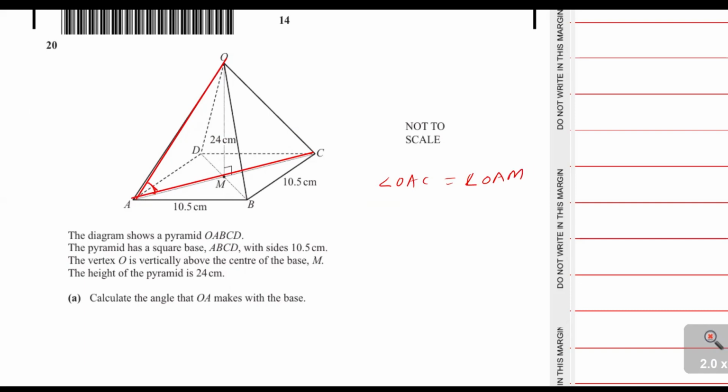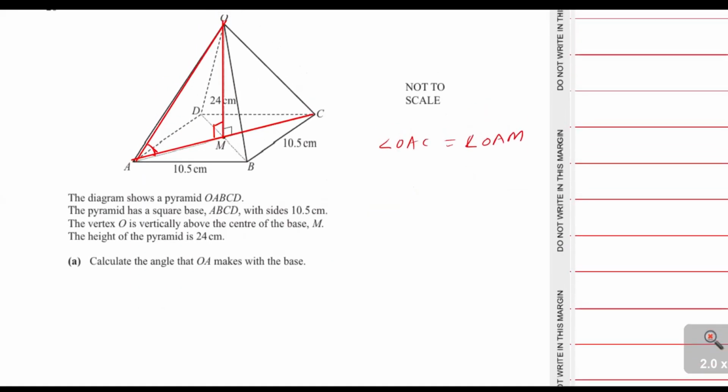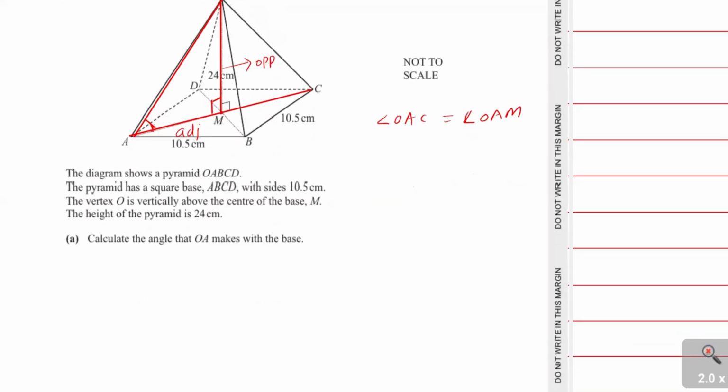This angle lies in the triangle. This is the right angle triangle AMO. In this right angle triangle, this length is the opposite side of this angle, and this OM is the adjacent side. And we can calculate the angle OAM.